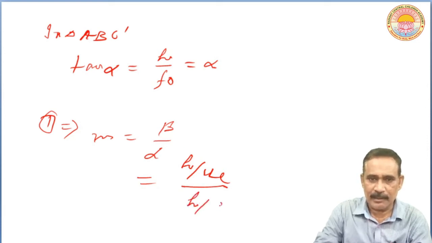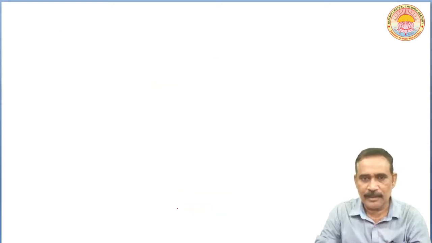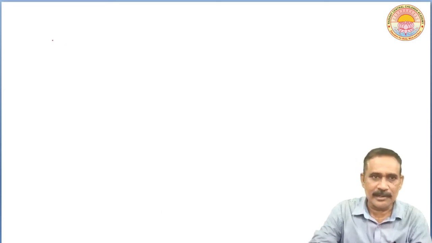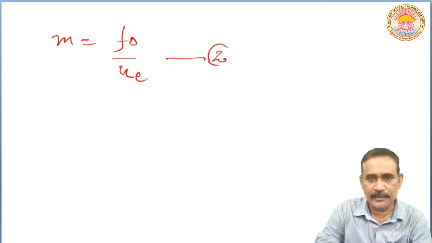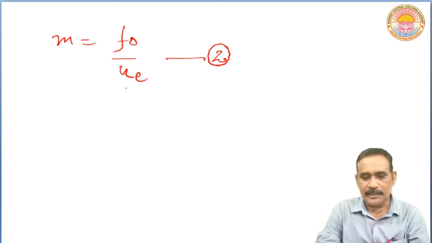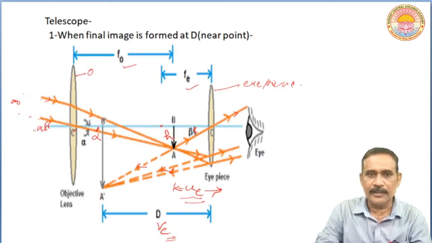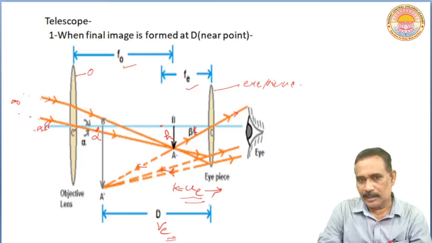So m equal to FO upon UE. This is the second equation, where UE is the distance from this object to the eyepiece, the eyepiece object distance, denoted by UE.